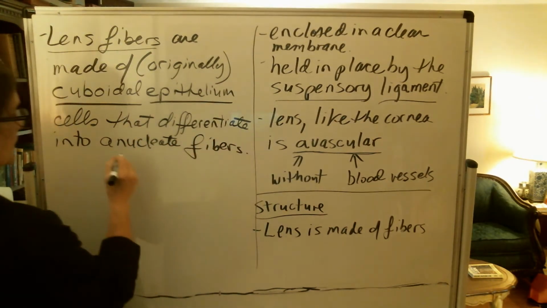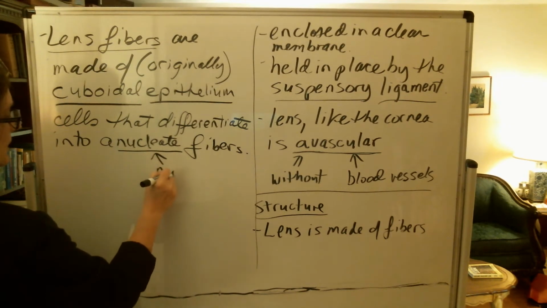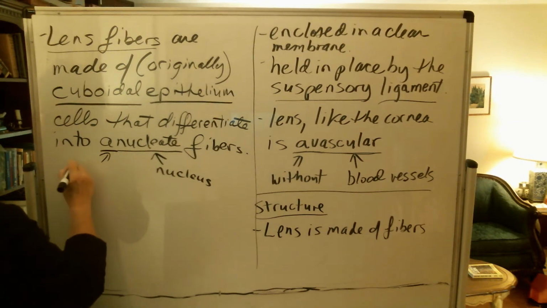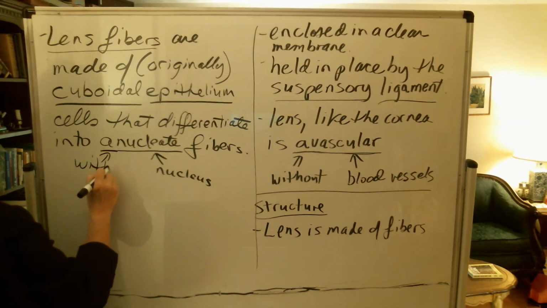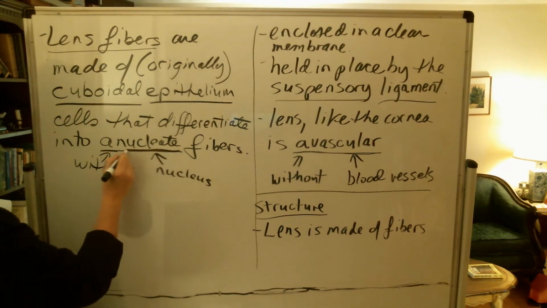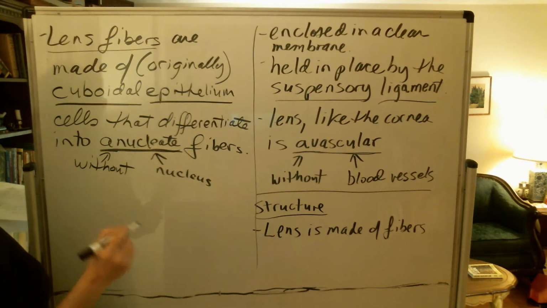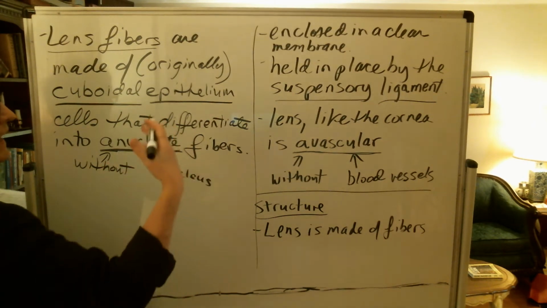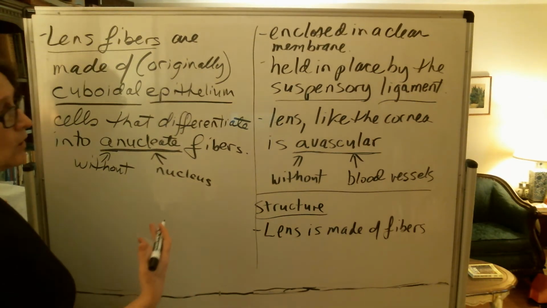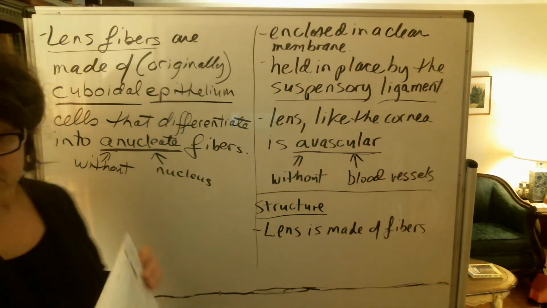Again, take a look at the word. Nucleate means having a nucleus. A means without. So here we have things that used to be cuboidal epithelium cells that wind up making a bunch of fibers, and then essentially the cell part of the cell, the nucleus and so on, goes away so that you are left with these fibers.